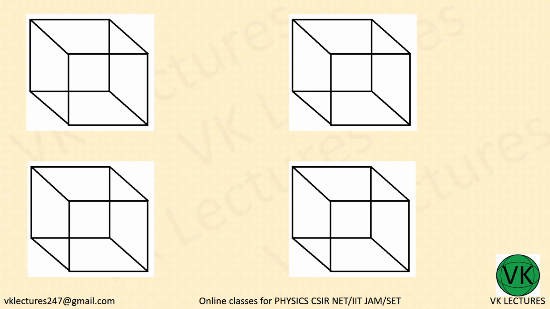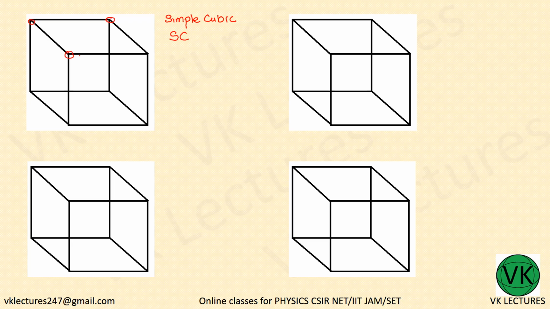For the three-dimensional lattice, we have here first one as a simple cubic. It is sometimes represented as SC, and in SC what happens is you have one atom.